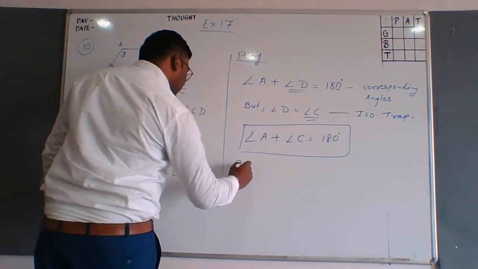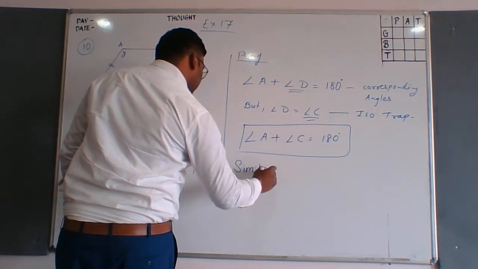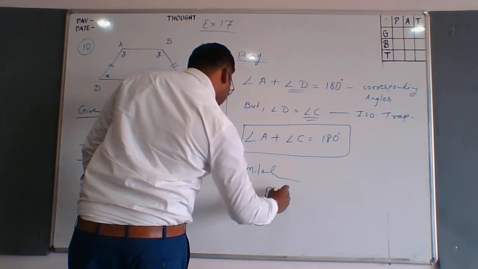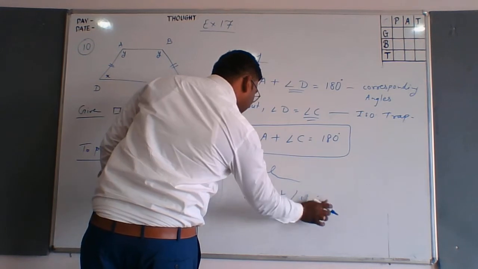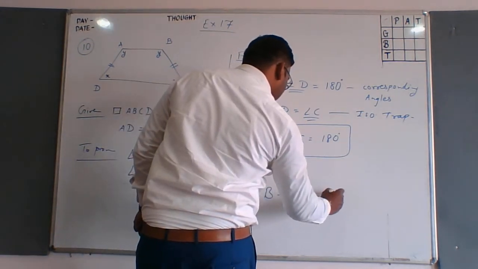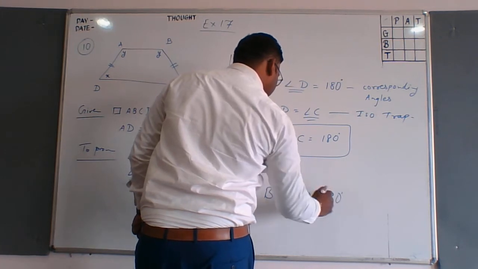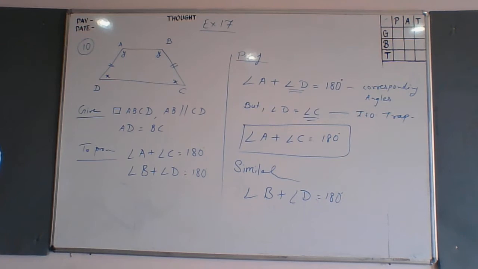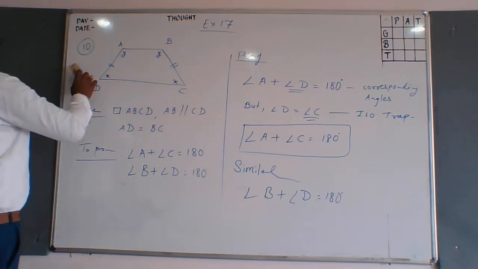And similarly we can say that angle B and angle D is also equal to 180. So both of the parts are proved. Students, draw the diagram and write down this solution in your notebook.